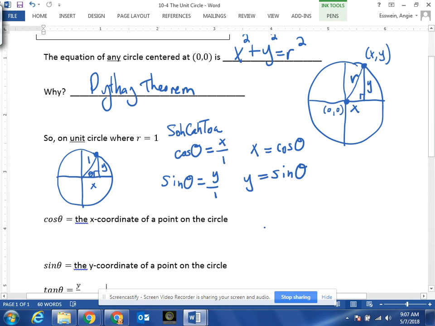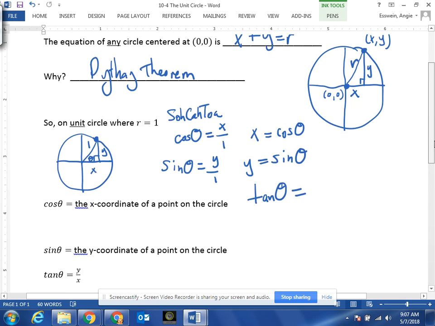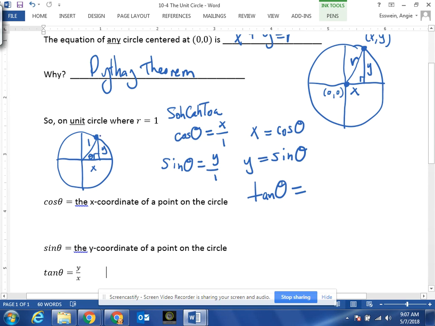But what we haven't done is the tangent. So we're going to add that in a second. The tangent of theta equals, and you can see tangent is opposite over adjacent. So it's simply, you take the y coordinate and you divide by the x coordinate, because tangent is opposite over adjacent.